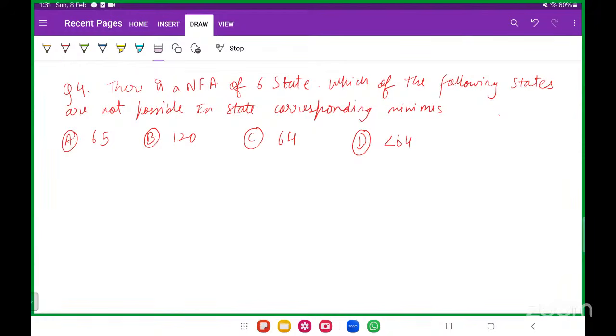If an NFA has n states, then the DFA will have a maximum of 2 raised to n states.